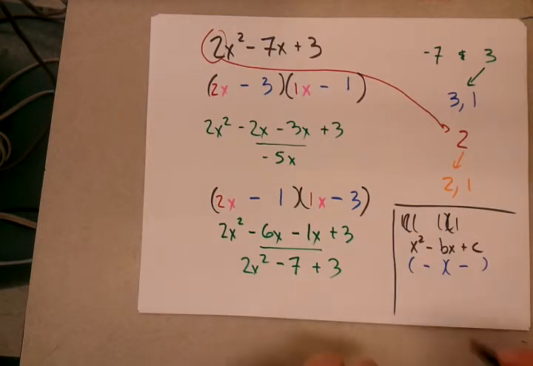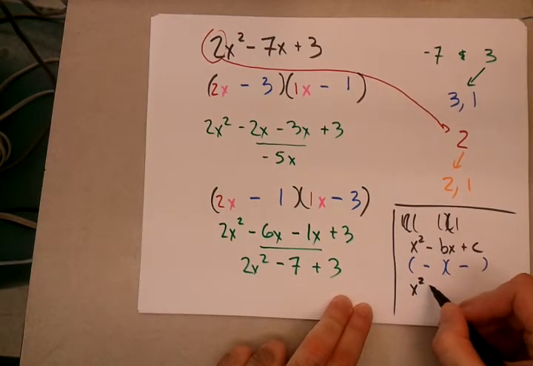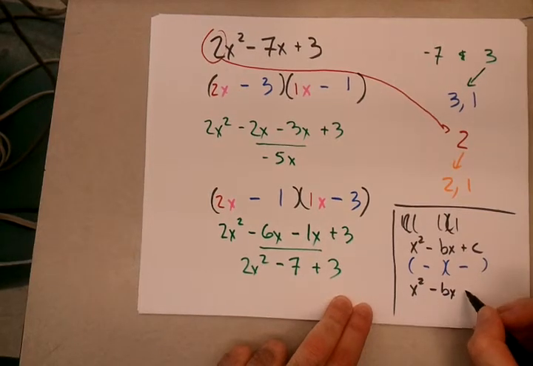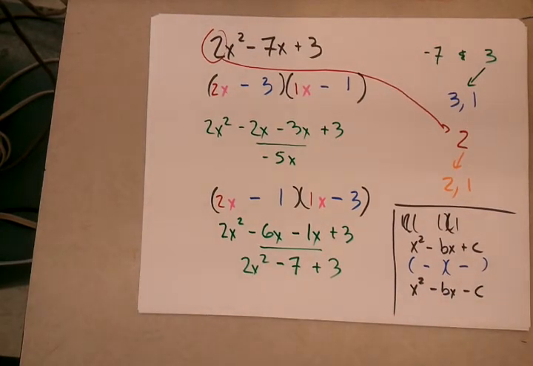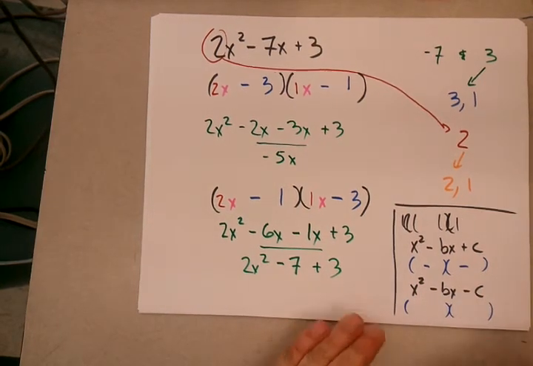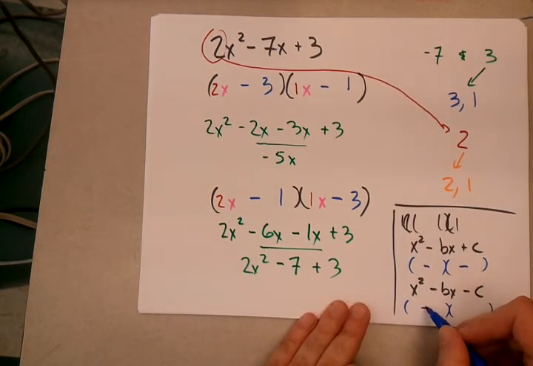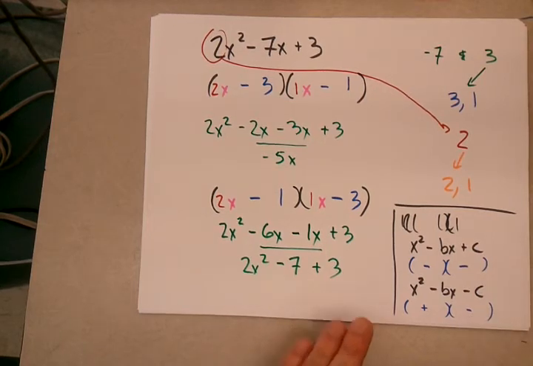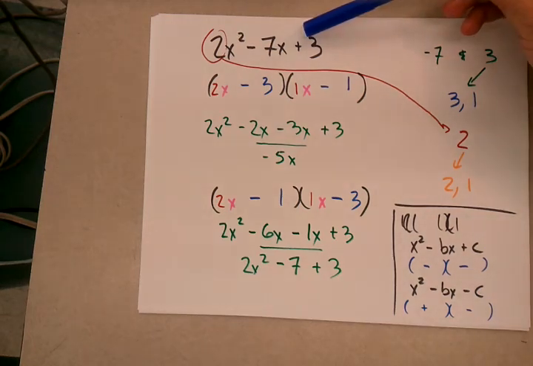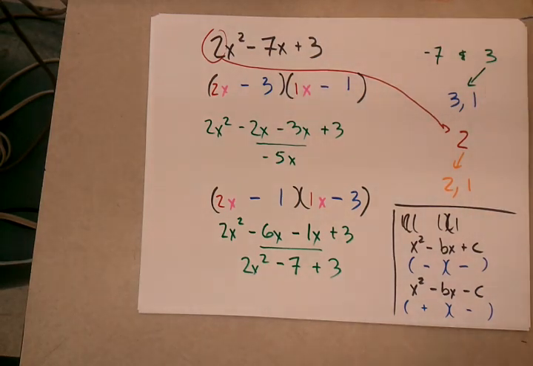If the original trinomial looks like x squared minus bx minus c, so it's minus in the middle and in the last position, then in your new factored form, one of them has to be a plus and the other has to be a minus. It's not necessary that the first one is a plus. Those can switch, and sometimes you will have to play with that as well. And if obviously everything is positive, everything ends up being positive. But that's your key as well. So if the last position is a positive. Actually, I have to stop the video here.